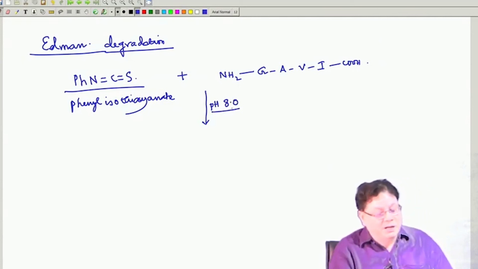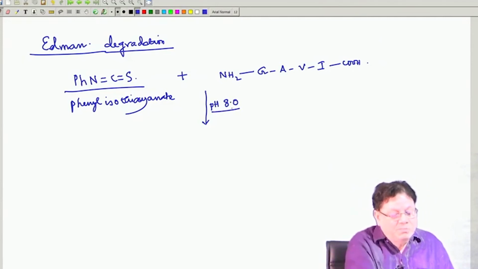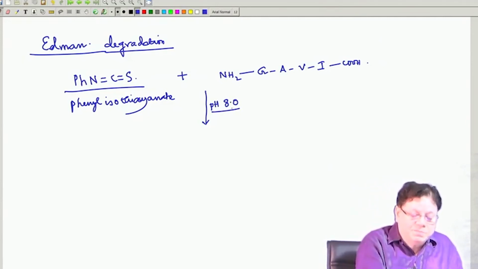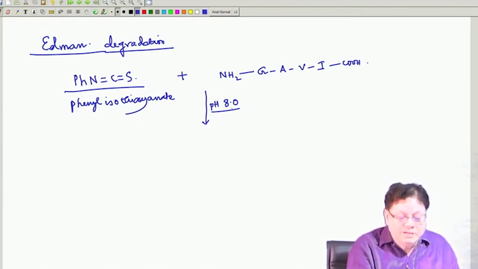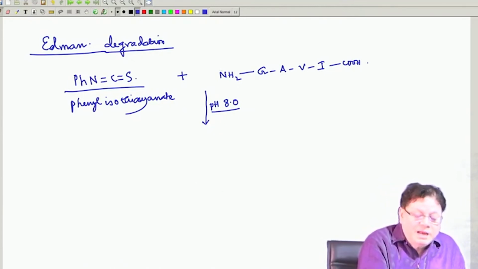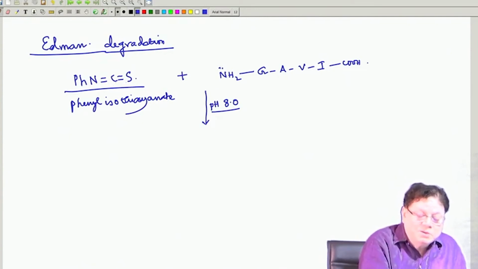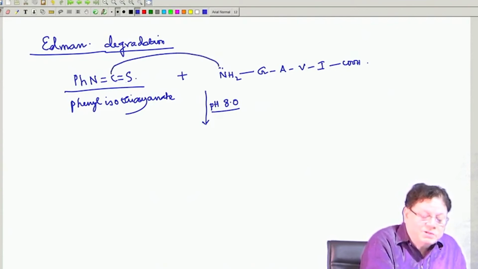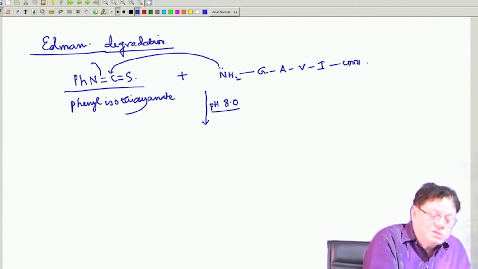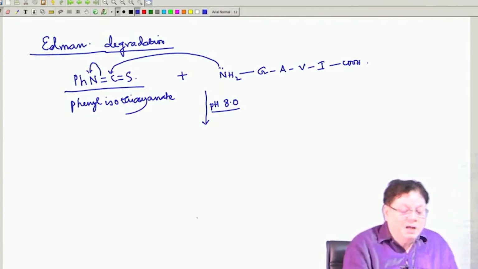If you add these two reagents, this is peptide and isothiocyanate, then the NH2 being nucleophilic and this carbon being electrophilic, flanked between two electronegative groups, this nitrogen will react and this will take up the hydrogen.